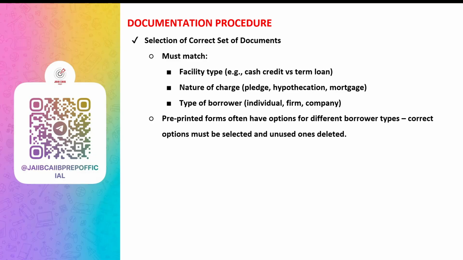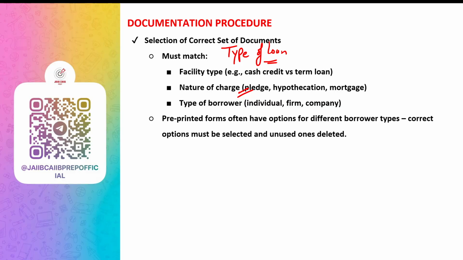So it depends on the type of loan, whether it is a cash credit, term loan, or an overdraft. Again, then the type of security, whether it is pledge, hypothecation, mortgage, and who is the borrower. So is it an individual or a partnership or a company?